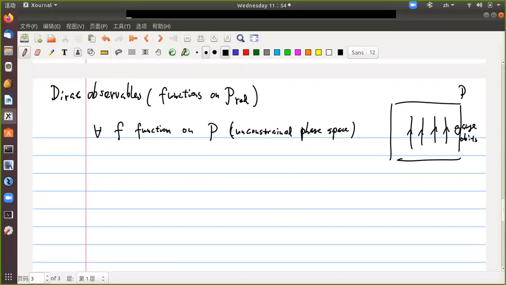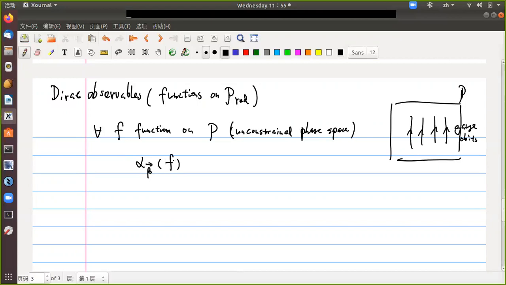So let's consider an arbitrary function on this unconstrained large phase space, and we consider a gauge transformation acting on this function. Because we have several constraints, it depends on several parameters beta.